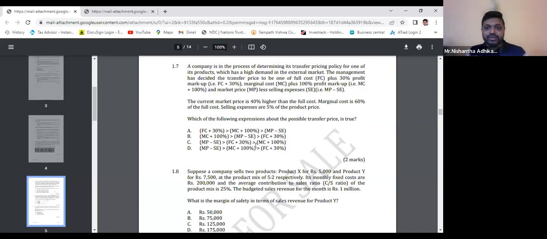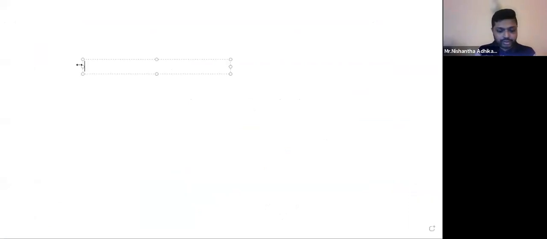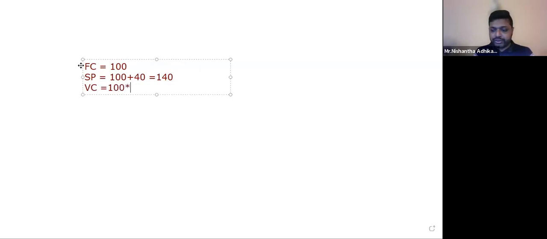Marginal cost plus 100%. Okay, if you want to work it out like this, I will show you a calculation. Assume full cost as 100, right? Your selling price should be 100 plus an additional 40%, that is 40 rupees, equal to 140. Variable cost is 60% of the full cost. Therefore, variable cost should be 100 into 60%, it should be 60. Right. Now the pricing methods.